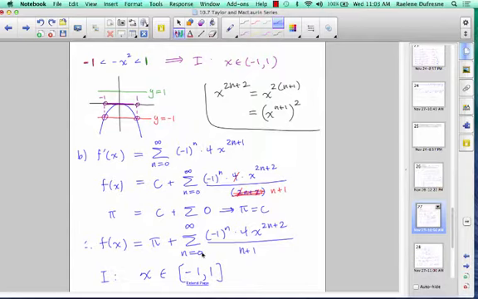So the radius of convergence will be the same, but we do always have to test at the endpoints for the series.